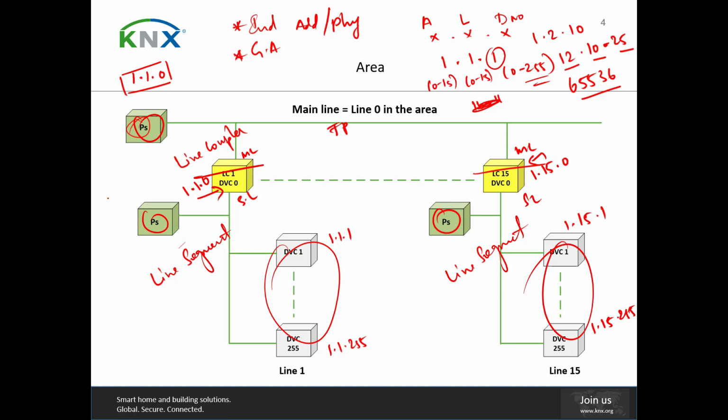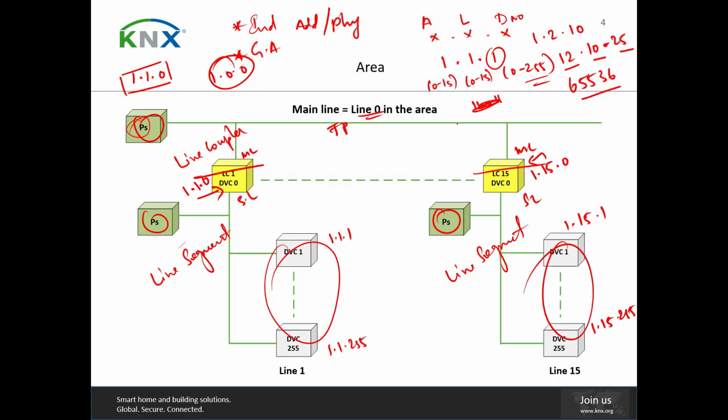And okay, you are asking, so what happened to line 1.0.0? I started with line 1. What happened to line 0? Because I said here we can have anywhere between 0 to 15. So the main line is called the 0th line, or line 0 of an area.